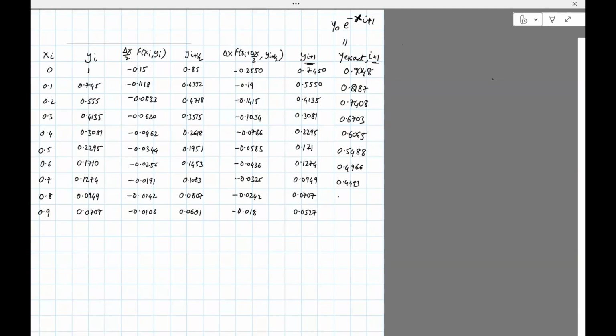You can see it's going way off. I think it's strange, 0.3679. Quickly check something. Y exact looks fine.